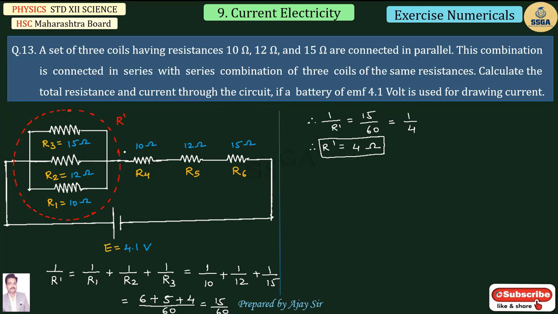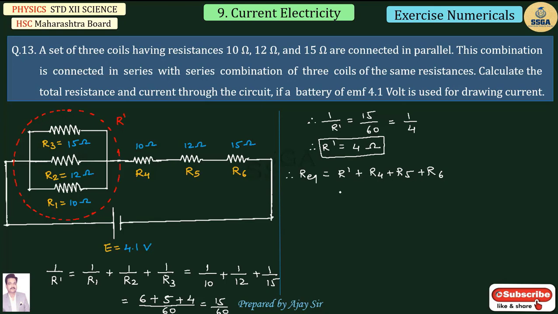This is the equivalent resistance of the parallel combination only, and there are three resistors connected in series with it. So the equivalent resistance R equivalent is R dash plus R4, R5, R6, because they are connected in series, so it is the sum of all 4 resistors.